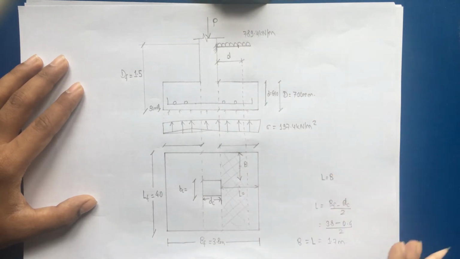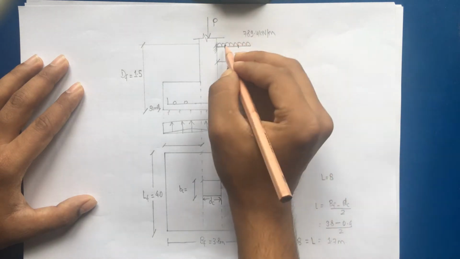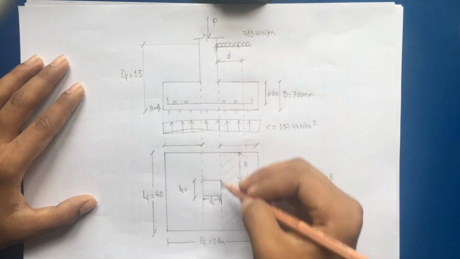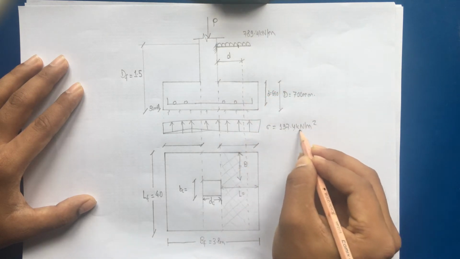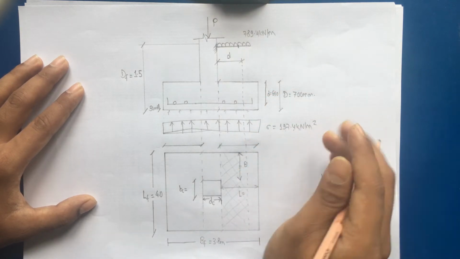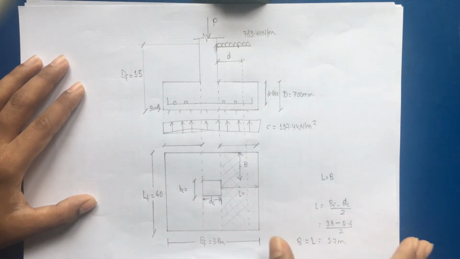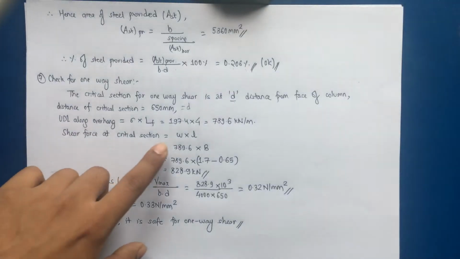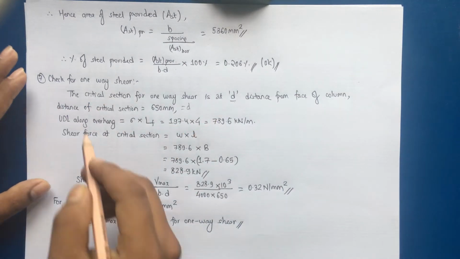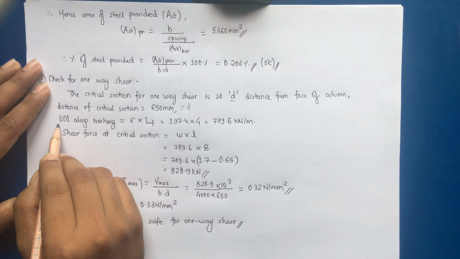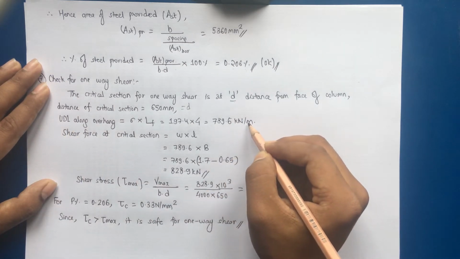So the UDL at the critical section will be 197.4 kilonewton per meter square, considering there is no variation in the soil pressure. So 197.4 into 4, just converting the soil pressure into UDL, we get 789.6 kilonewton per meter.